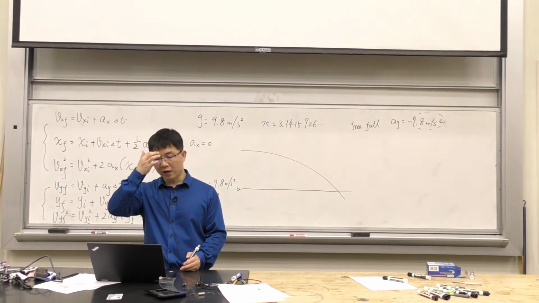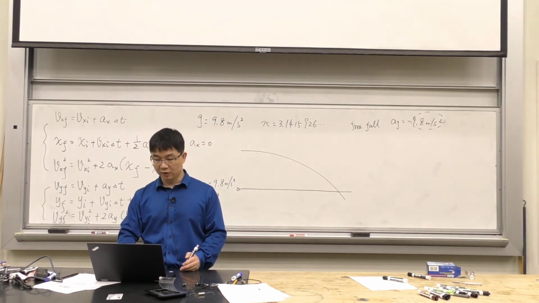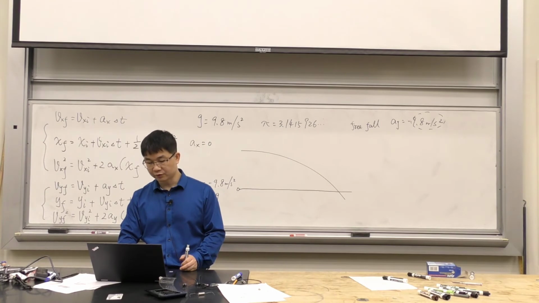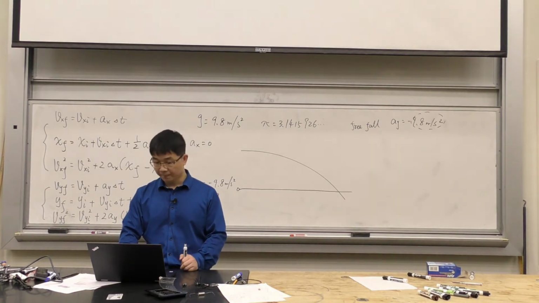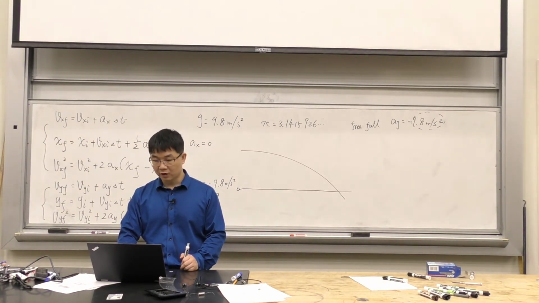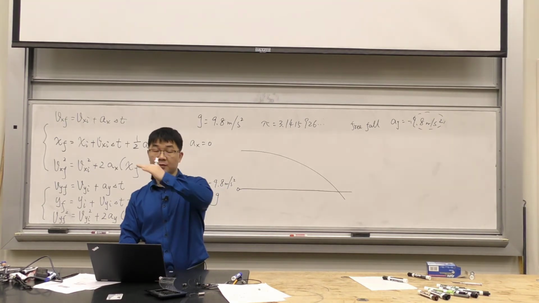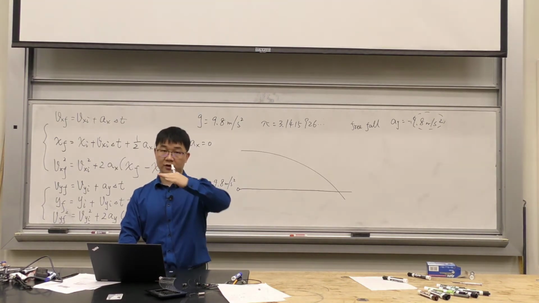This blue arrow is the total velocity of this football when it's kicked. It changes all the time, both magnitude and direction.